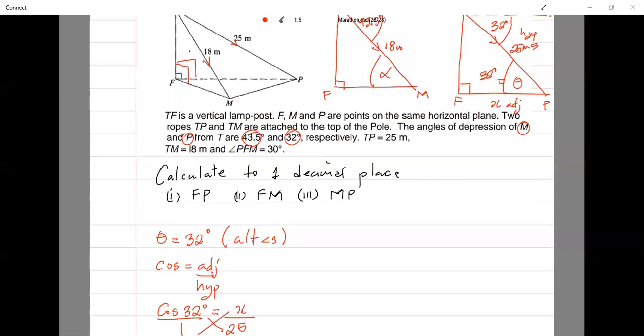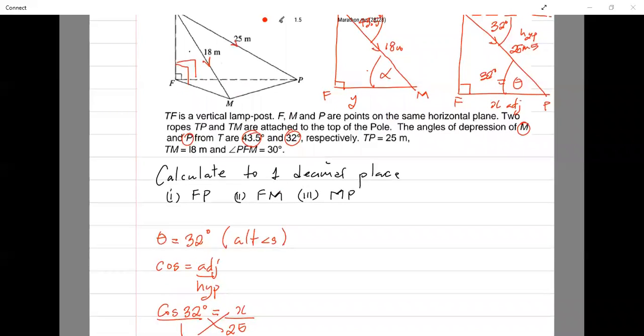Then we need to find FM. I'm going to call that Y. This angle here is also 43.5 degrees because of alternate angles. So I'll start by telling the examiner that alpha is equal to 43.5 degrees.